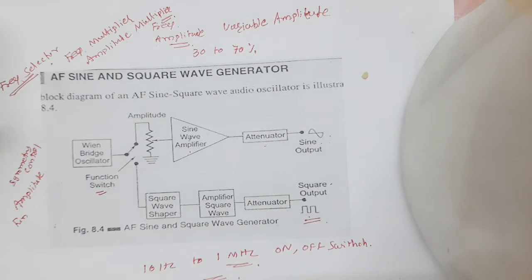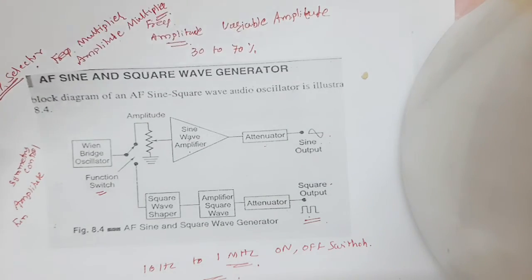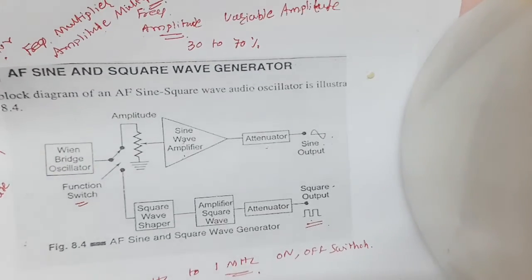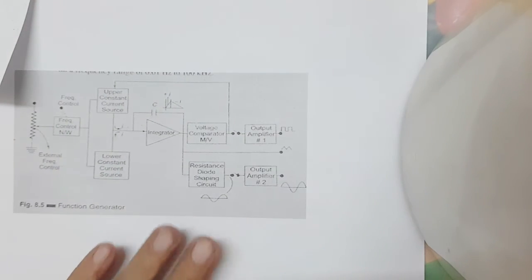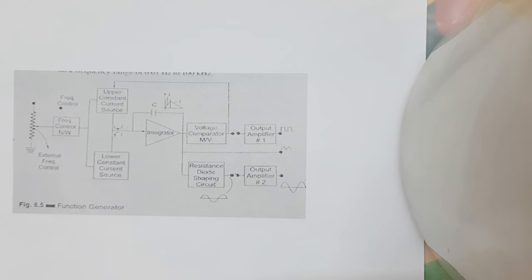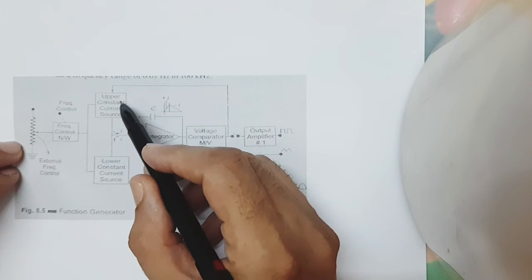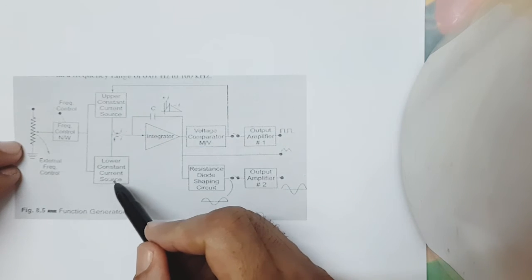Now we see the block diagram of the function generator. So this is your function generator. What happened here? There are two current sources. The upper constant current source, and the lower constant current source.